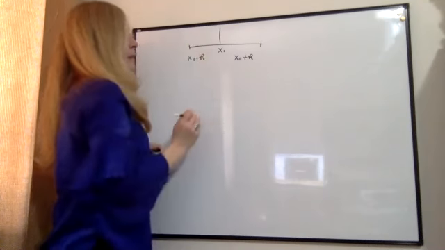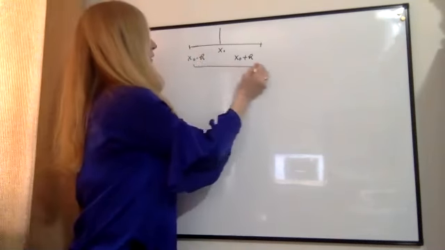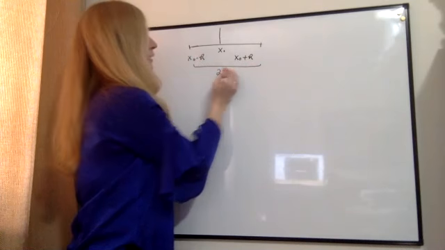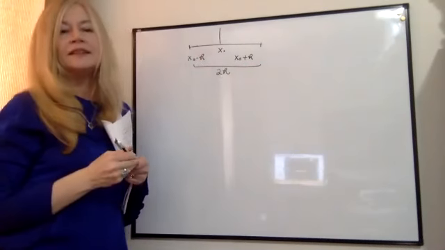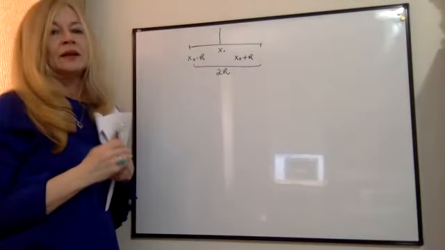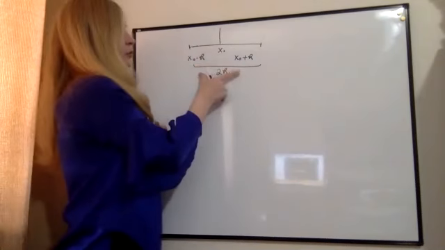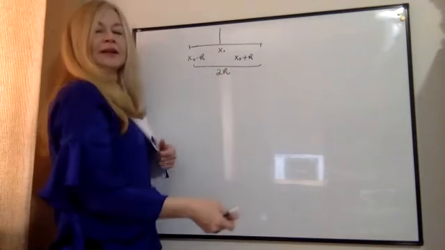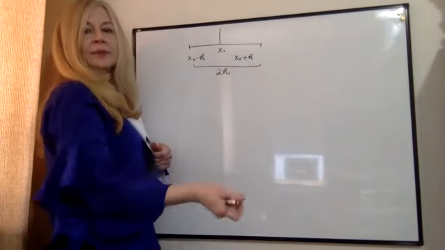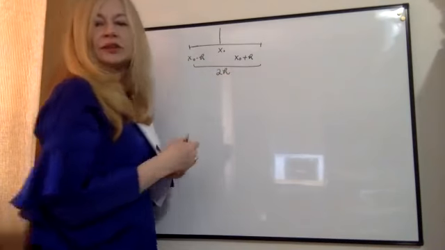So the width here would be 2h, and this is symmetric binning. If we want to know the density value at x naught, we do a bin symmetrically around x naught, plus h and minus h. Okay.